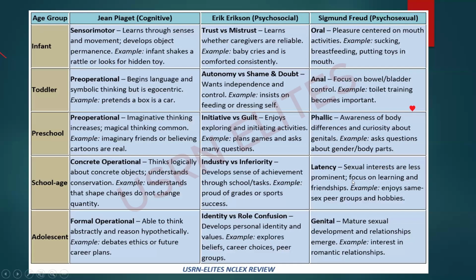The next one is the phallic stage for preschool. So awareness of body differences and curiosity about genitals, right? So this is where, if you don't take care, sometimes you hear of this, especially in an environment where I don't want to use some words. I don't want to say stubborn, because sometimes they are just exploring.